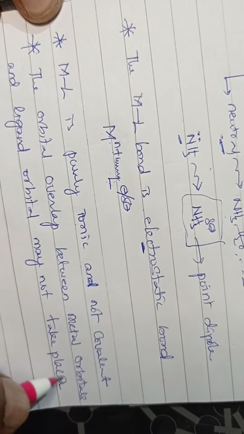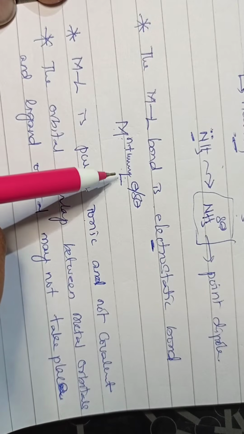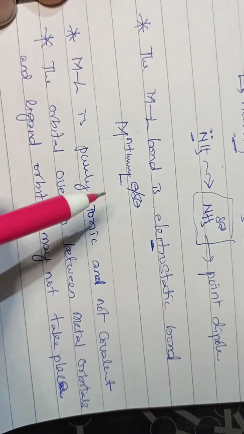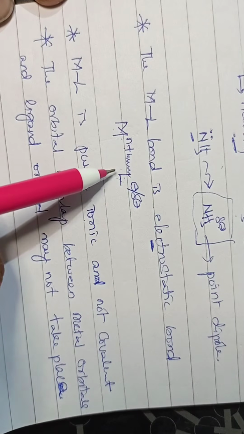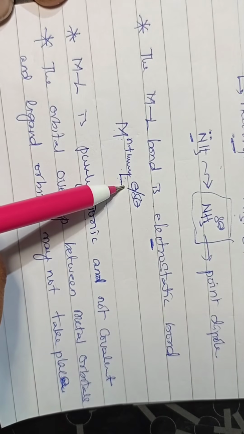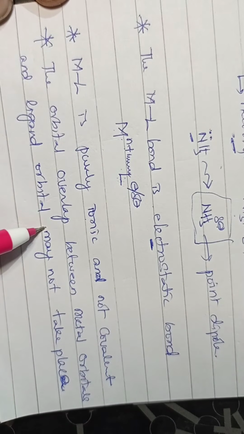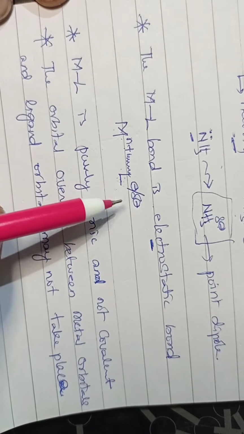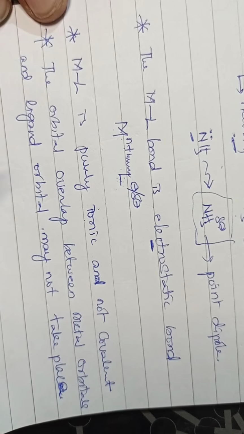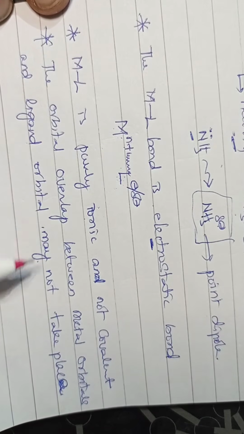As it is a simple ionic bond between a metal and ligand, there will not be any orbital overlap. When there is an orbital overlap, electrons have to be shared between the two sides. But here we are saying that the bonding is due to positive-negative interactions, purely ionic. When that is so, there will not be any electron sharing between metal and ligand as per crystal field theory. So the fifth statement is concluded: there will not be any orbital overlap between metal orbitals and ligand orbitals.